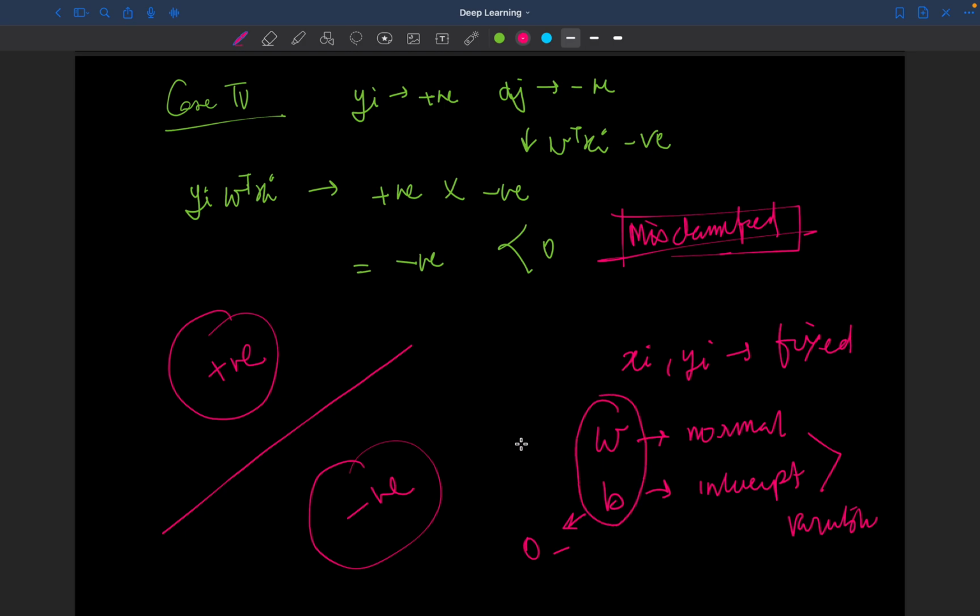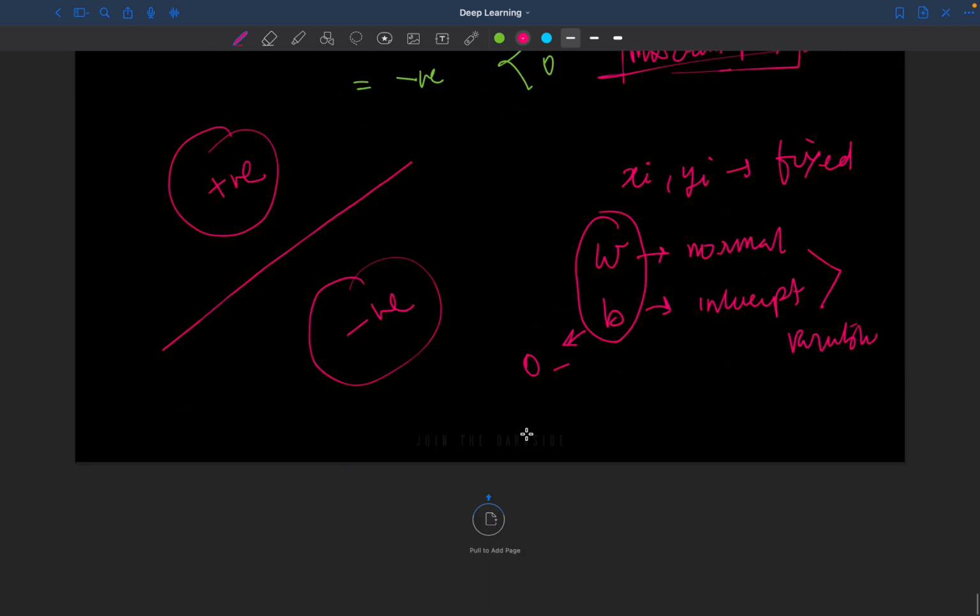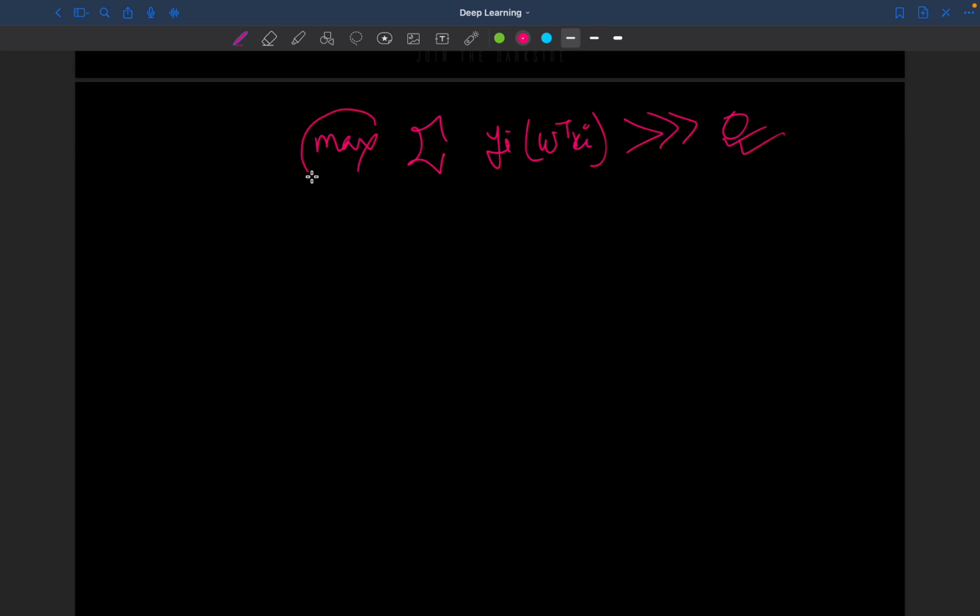Finally, what logistic regression tries to do is maximize the summation of yi w transpose xi, because if this is positive, that means more and more points are correctly classified, hence we're trying to maximize this.